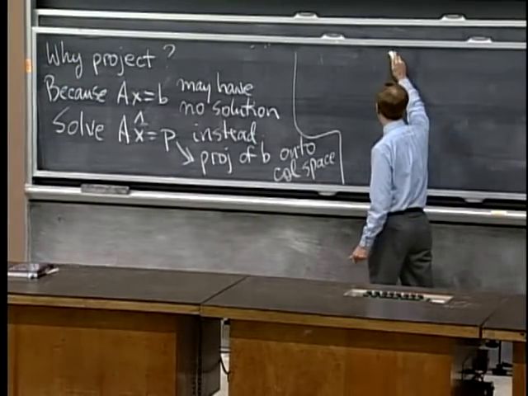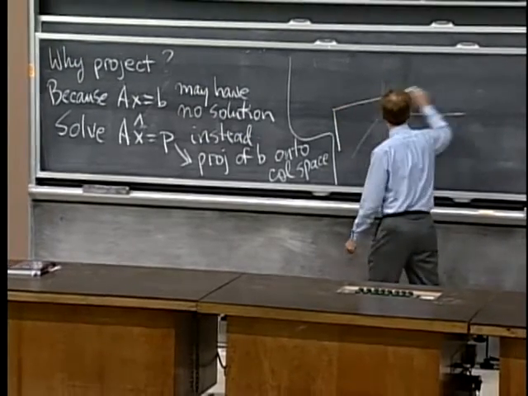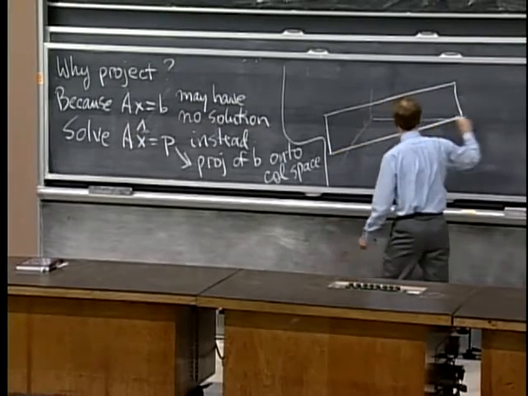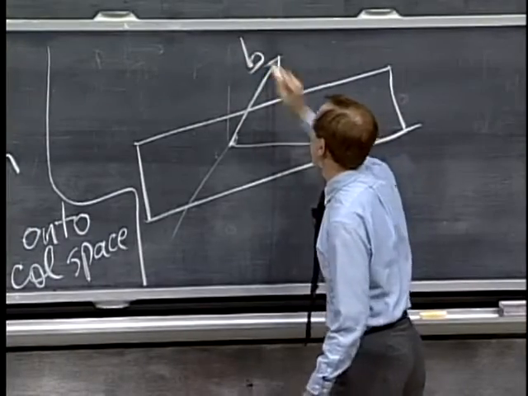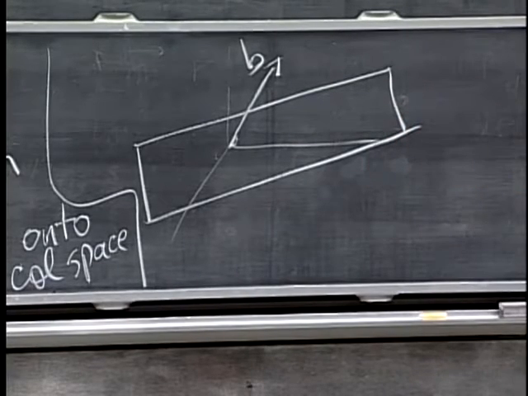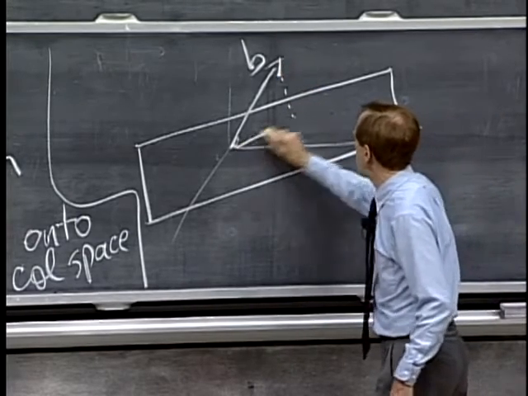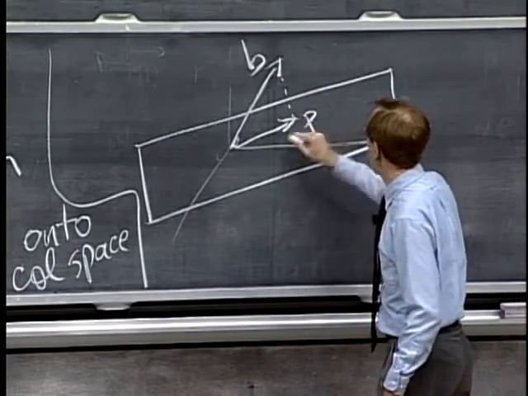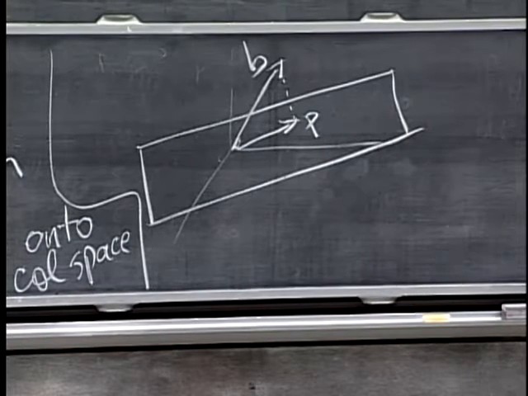But now let me say I'm in three dimensions. So I have a plane, maybe, for example, and I have a vector b that's not in the plane. And I want to project b down into the plane. So there's my question.